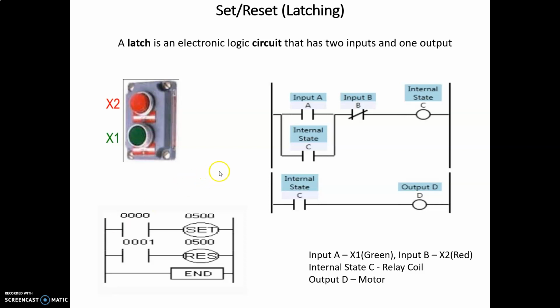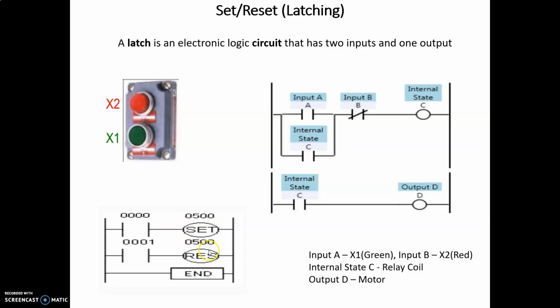Before that, let's try to understand what exactly set and reset mean here. Let's take an example where you have one open switch and a lamp. Look at the ID here, it is 0500, an output.